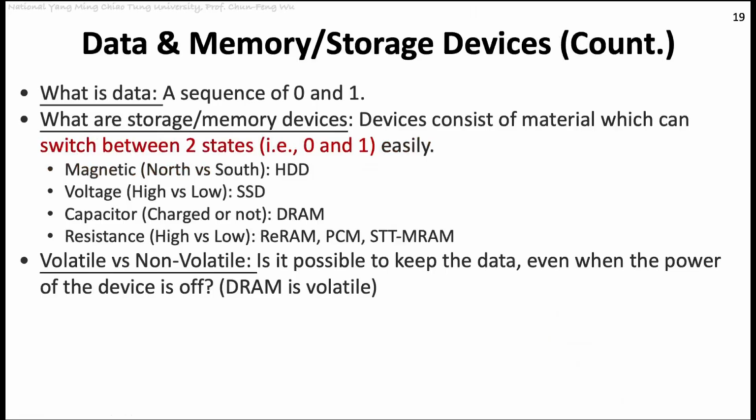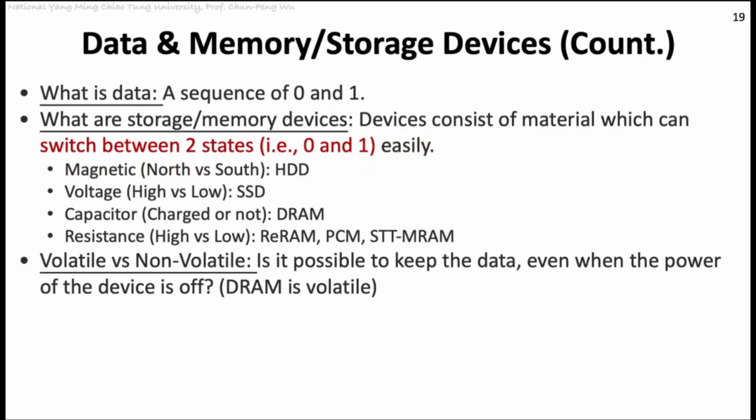So we talked about hard disk drive and SSD, they are non-volatile. And DRAM, I think you already know, is volatile memory. The difference between volatile and non-volatile is whether it is possible to keep the data even when the power of the device is off.